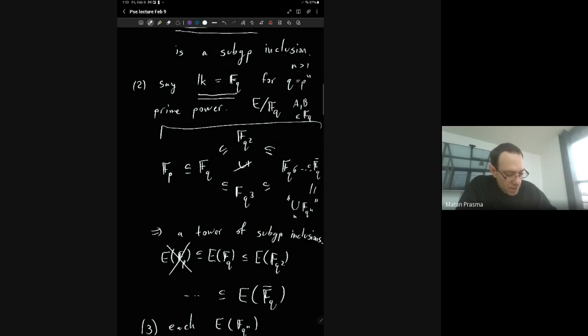And potentially they could be in FQ, but not in FP. Right? Because FQ is strictly bigger than FP. And then I cannot talk about solutions to the equation over FP. I mean, it simply doesn't add up.